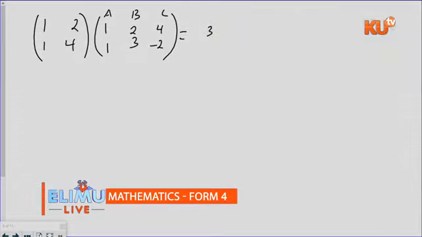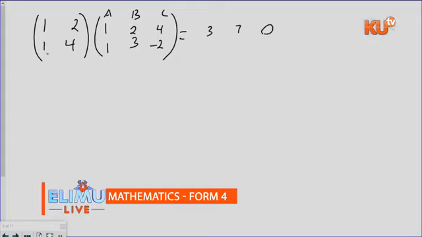Then 1 by 2 is 2, 2 by 3 is 6. When you add, that gives us 8... 7. Then 1 by 4 is 4, 2 by negative 2 is negative 4. That gives us 0.